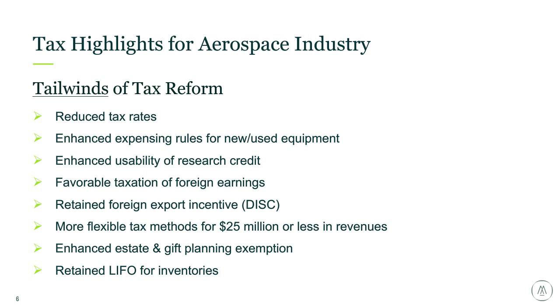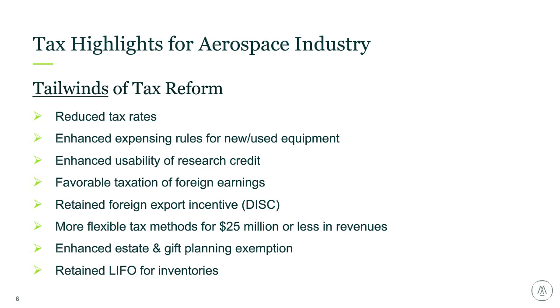But a couple of them we did not have time for in this hour, so I want to highlight them right now. One is the retained foreign export incentive, the IC-DISC, which is an interest charge domestic international sales corporation. A lot of the organizations in aerospace use that incentive, and it's been a great permanent tax savings.